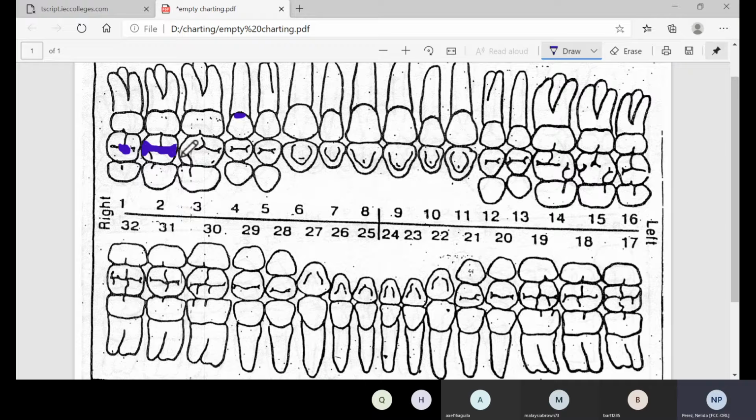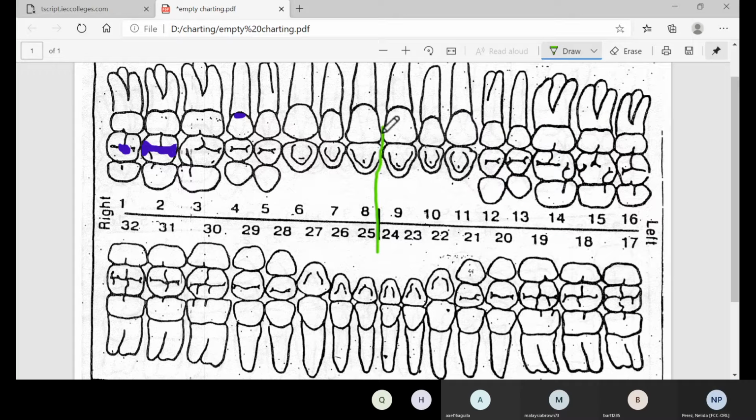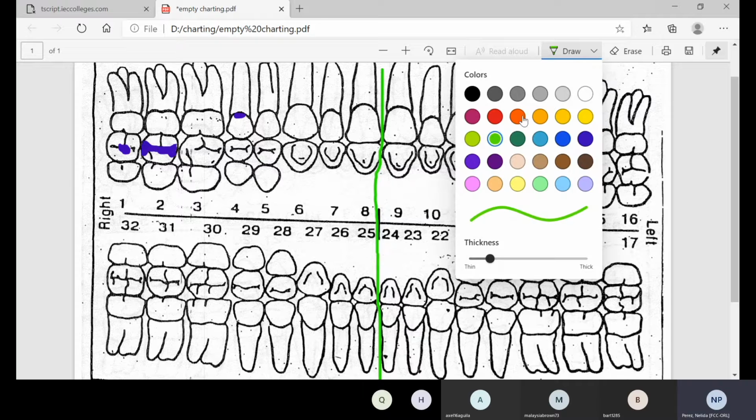Questions so far? For the new students, mesial is closest to this midline that I mentioned to you. The midline, again, is right over here. Any surface closest to the midline is a mesial. Any surface away from the midline, meaning the back of the tooth, is the distal.